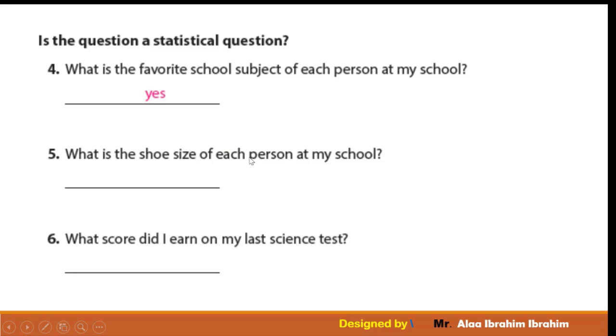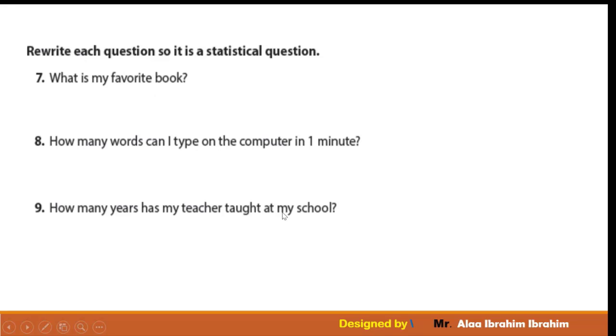Each means many persons. So I take the size for many persons, so I have to count many different sizes. So yes, this is a statistical question here. What score did I earn, meaning one person or one. I'm dealing with one. So this is no, not a statistical question.